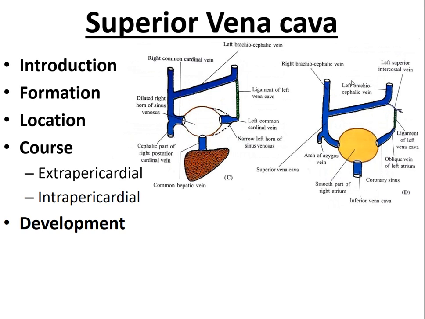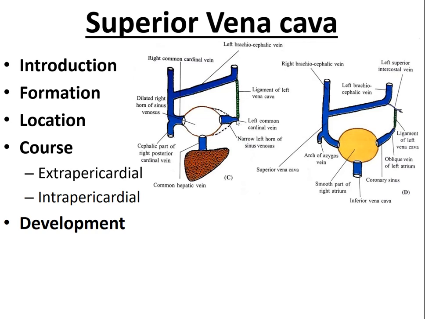Now the superior vena cava is formed by the lower part of the anterior cardinal vein, which forms the extrapericardial part of the superior vena cava, while the right common cardinal vein forms the intrapericardial part. The upper part of the right posterior cardinal vein forms the arch of the azygos vein, while on the left side the left anterior cardinal vein disappears, forming the ligament of the left vena cava.